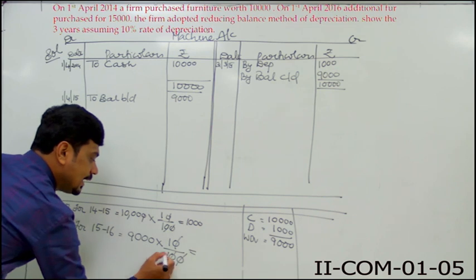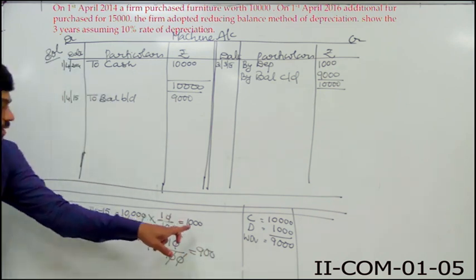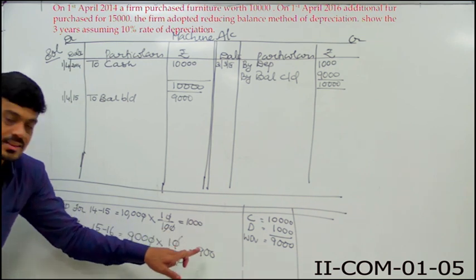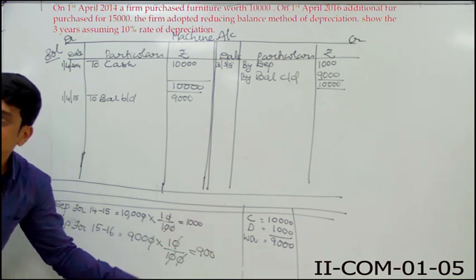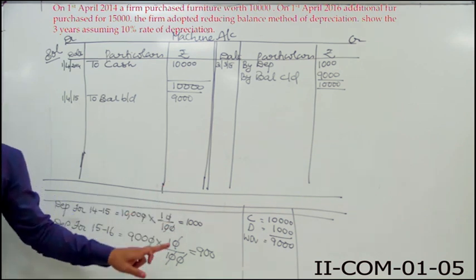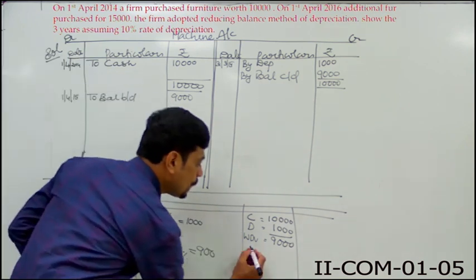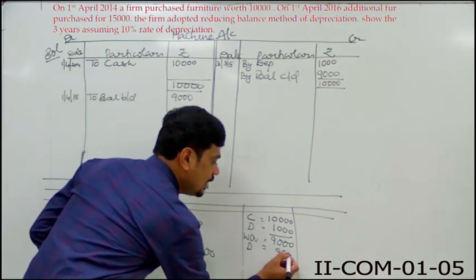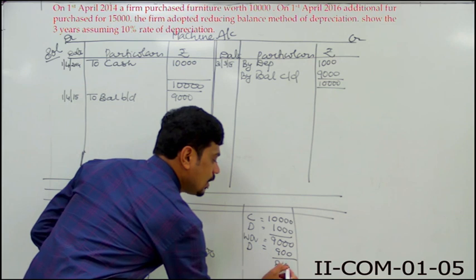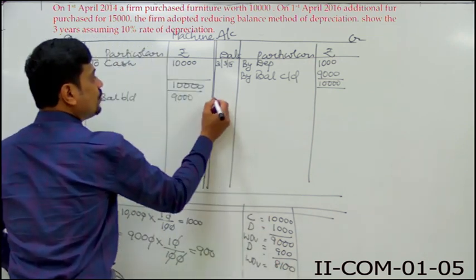If I calculate 10%, it comes to 900. What does it mean? Along with the change in the value of the asset, the amount of depreciation is also changing, reducing, decreasing, diminishing. So again, depreciation 900. The written down value is how much? 8,100.